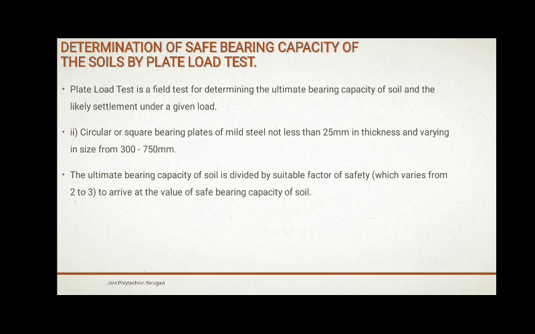Here you use circular or square plates of mild steel not less than 25 mm in thickness and of size 300 to 750 mm. The ultimate bearing capacity of soil is divided by a suitable factor of safety, 2 to 3, to arrive at the value of safe bearing capacity of soil.